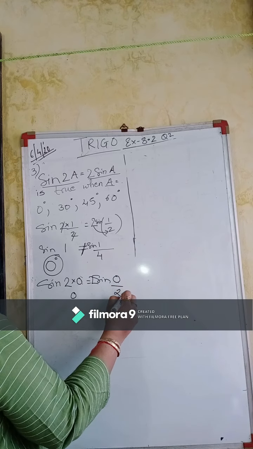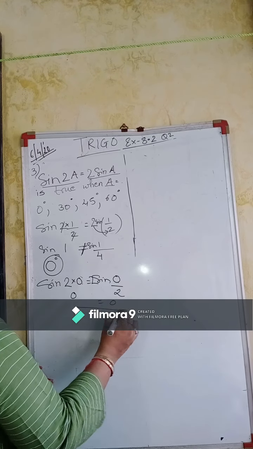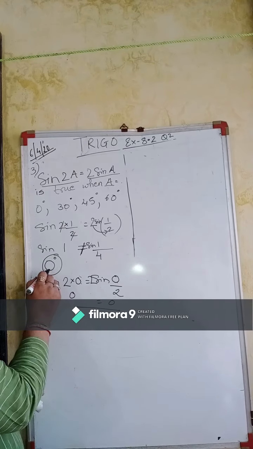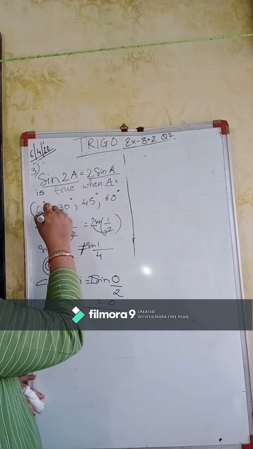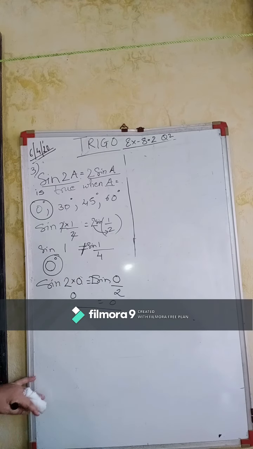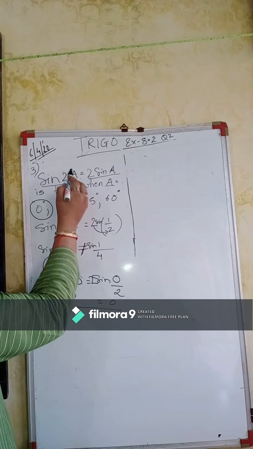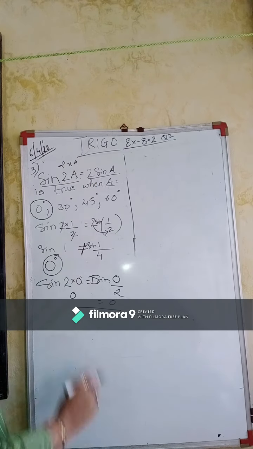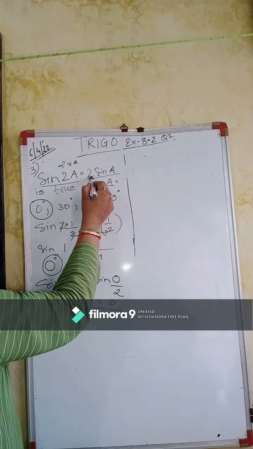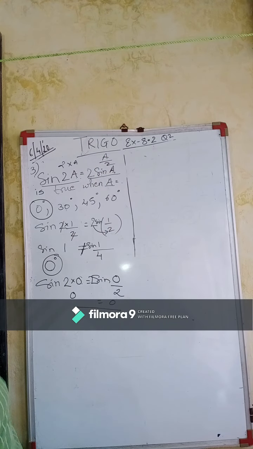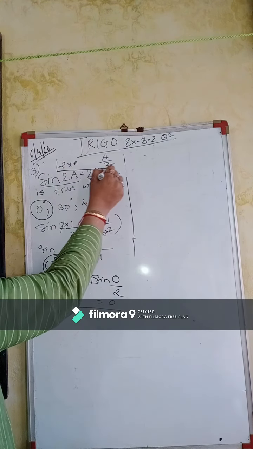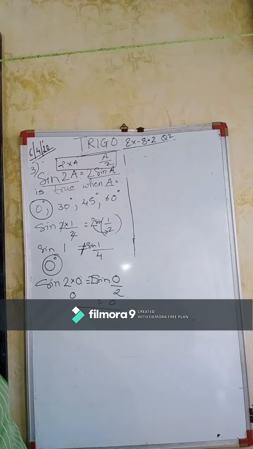So these two are equal only at 0 degree. So the first option, that is A, 0 degree is right. Did you understand? When it is 2A, then it is 2 into A, but when 2 is before sin, it is sin A upon 2. This is the difference. Okay.